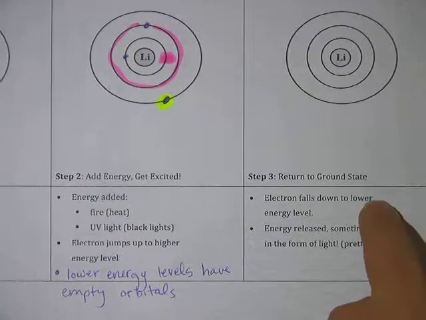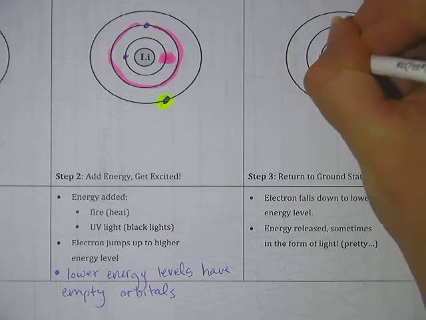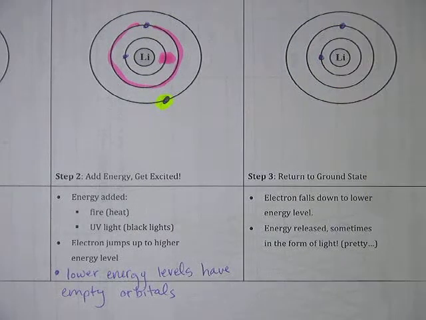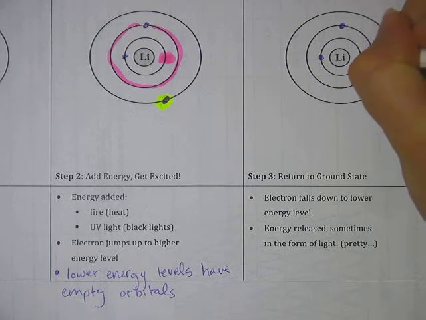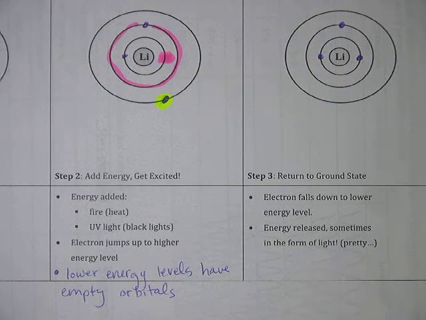But then, when it returns to the ground state, the electron can fall back down to its lower energy level, so that basically you've got these two that stayed low the whole time, and then that guy that had moved goes back to where he was. And when that happens, energy is released, sometimes in the form of light.